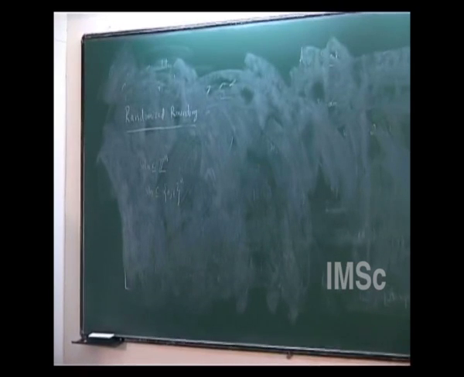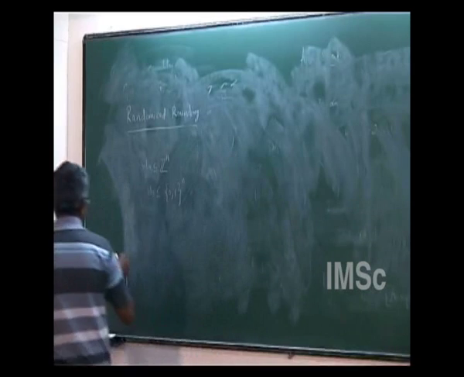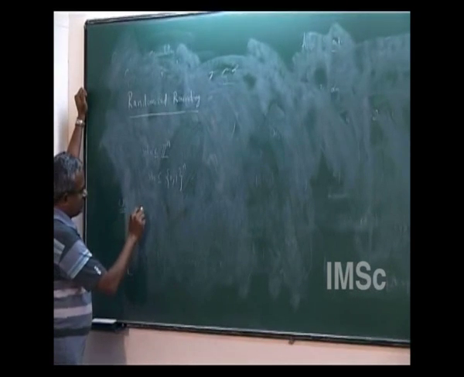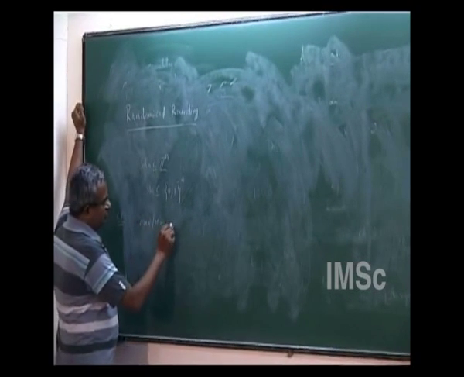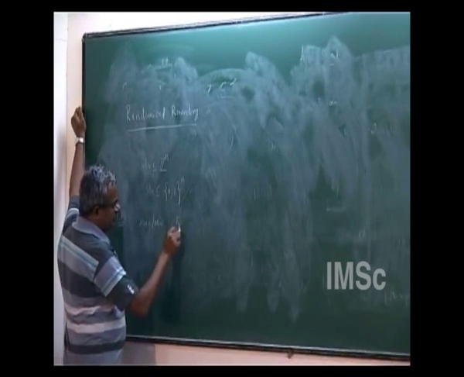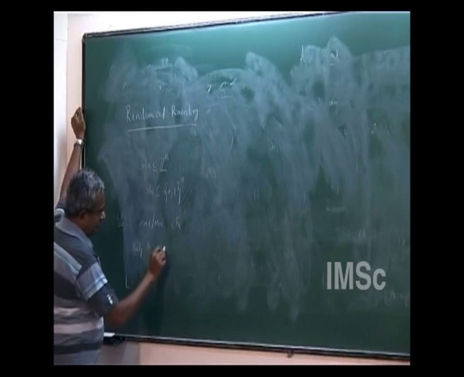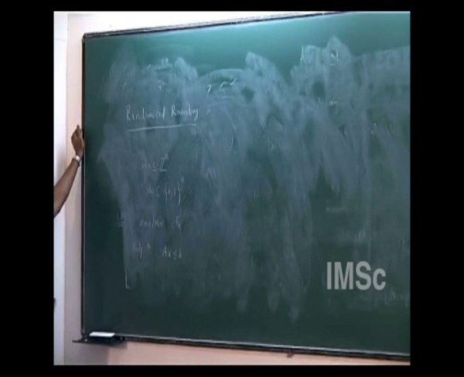So let me briefly give it. We know what a linear program is. It is maximizing or minimizing a linear function on n variables subject to a set of linear constraints. We typically represent it in this matrix fashion.